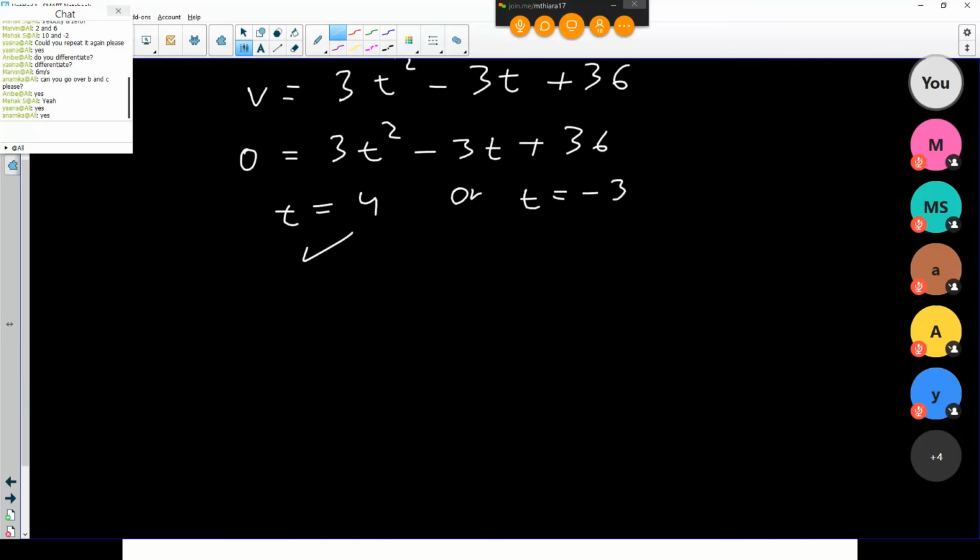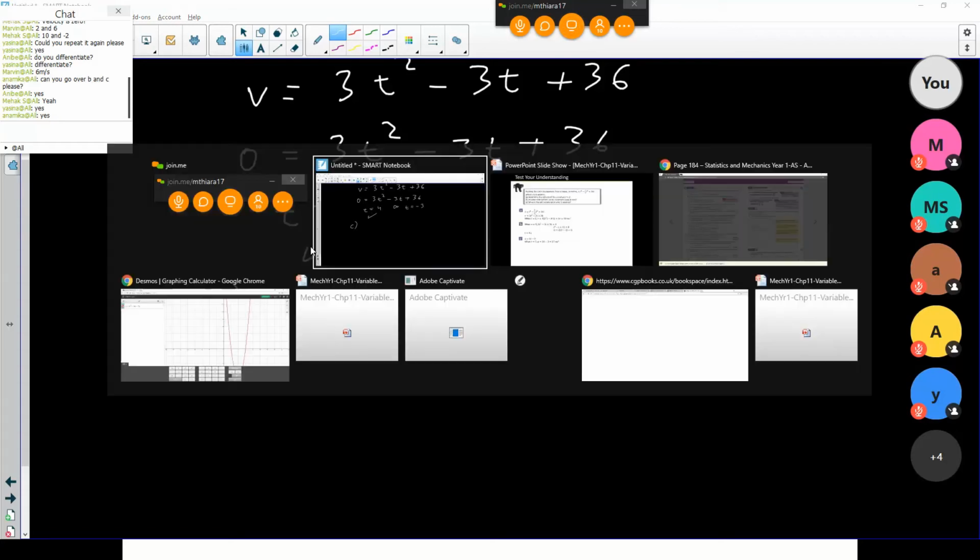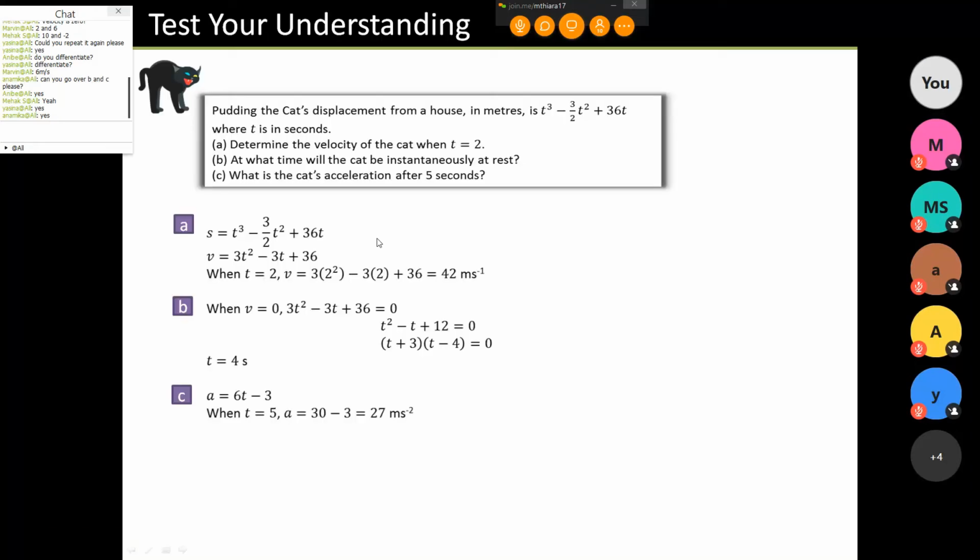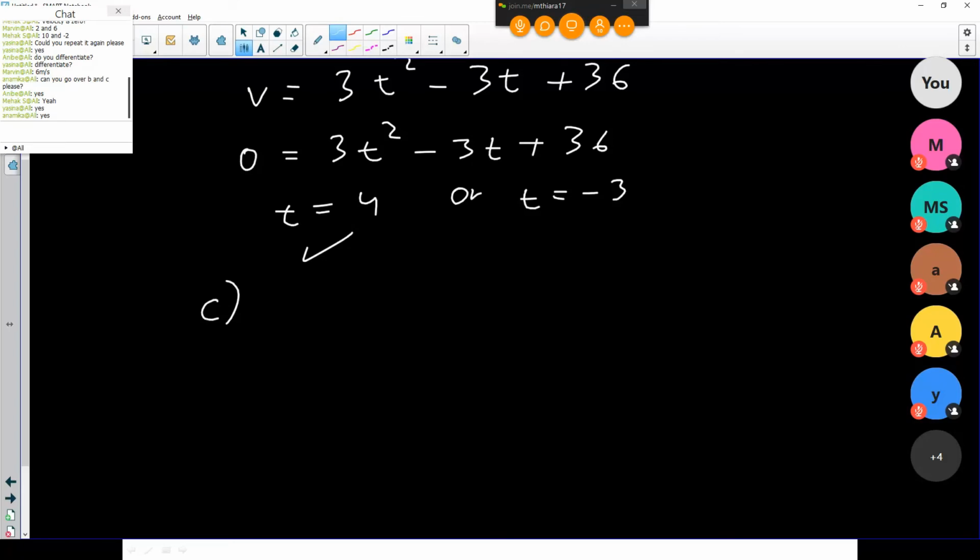Now let's have a look at part C. Part C, the question was asking us, what is the cat's acceleration after 5 seconds? So to find out the cat's acceleration after 5 seconds, I'm going to need to find out a equals question mark when t was equal to 5.